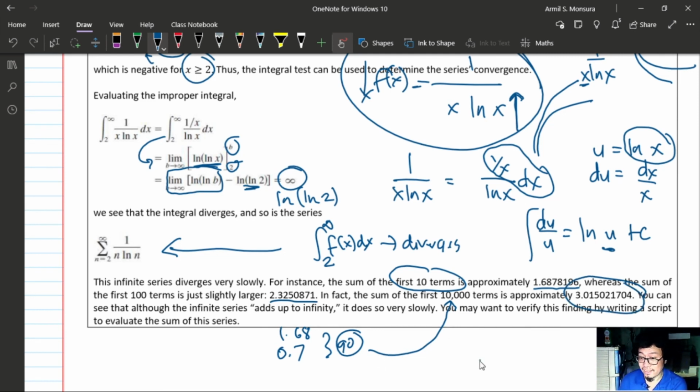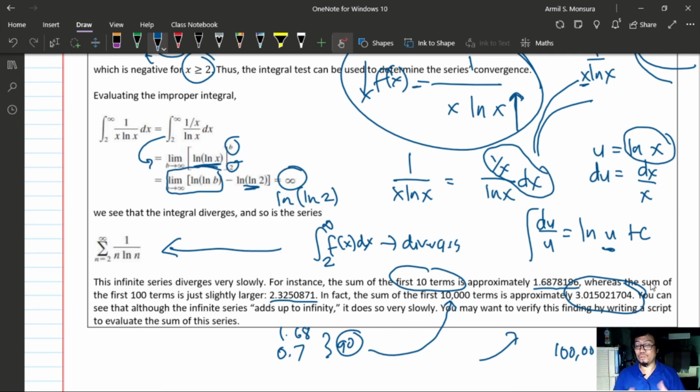It is increasing, indicating that it is divergent, but it is increasing very, very slowly. If you're interested, you may find the sum of the first 100,000 terms, and I would suspect that this would just amount to around 10 or 9. Just two digits. So something like that.